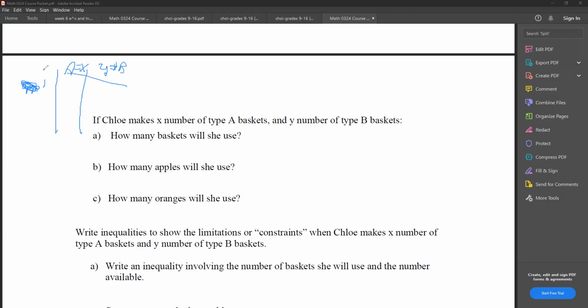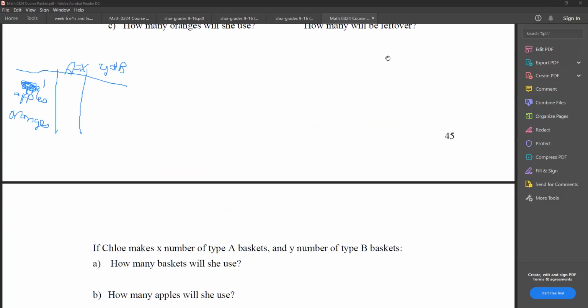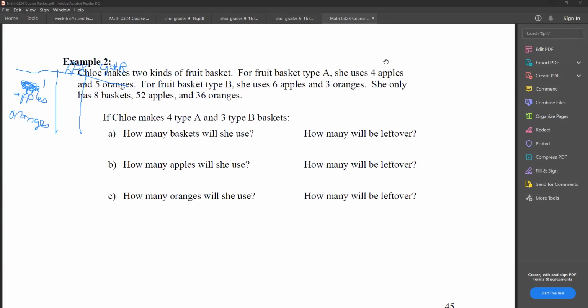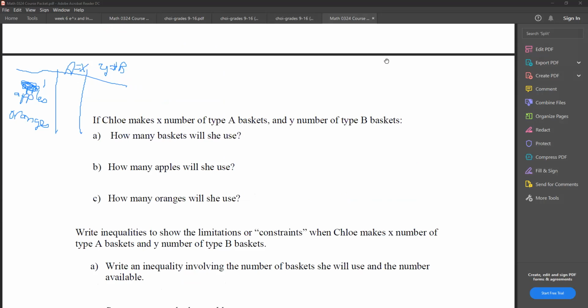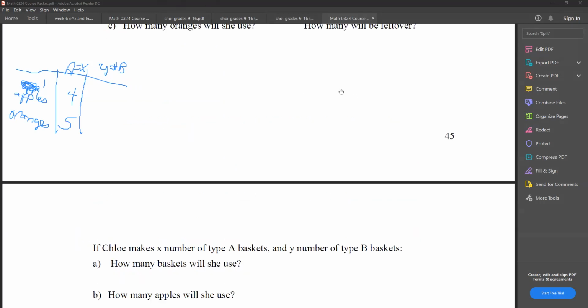All right, and so we had apples, oranges. Now I've got to go back. An A basket used, let's go read it, 4 apples, 5 oranges. Okay, so I'll write that in there. Four apples, 5 oranges, and a B basket, can't remember, so I have to go back up there.